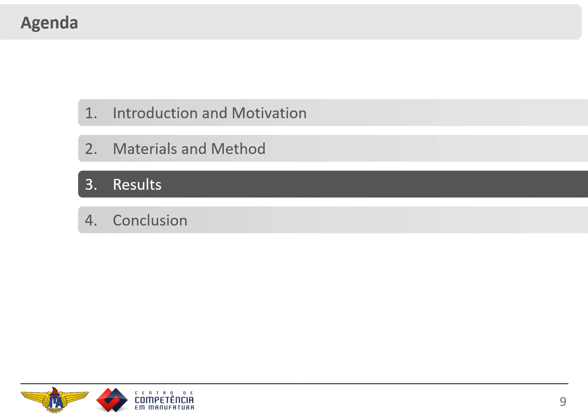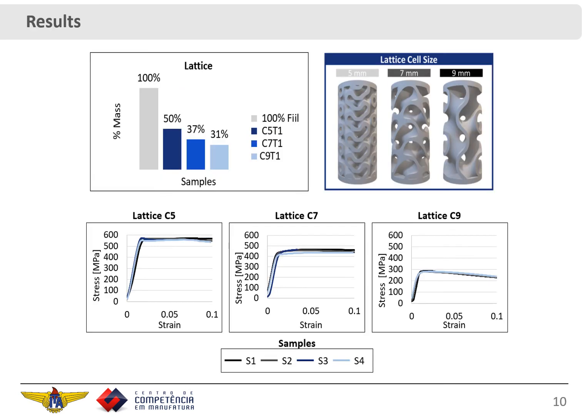Moving forward to the results found. The first result is related to the mass reduction. We can see that the lattice was effective in reducing the mass. So when comparing to the solid part, we have for the 5mm cell a 50% reduction in mass.